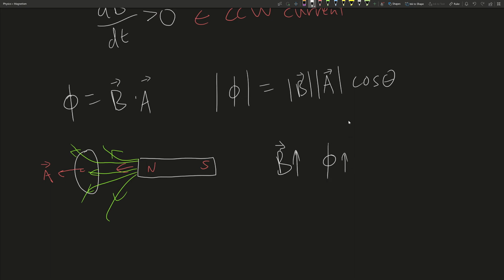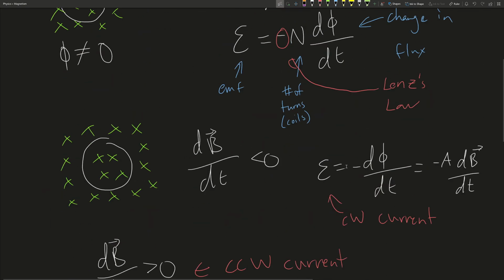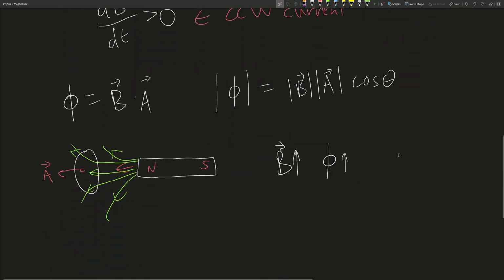And if flux increases, then by Faraday's law, we know that the induced EMF is negative, so it decreases basically from zero. So this flux is increasing, which means EMF is negative.